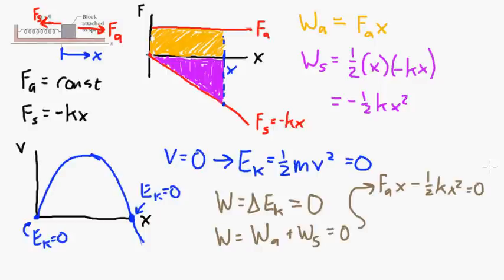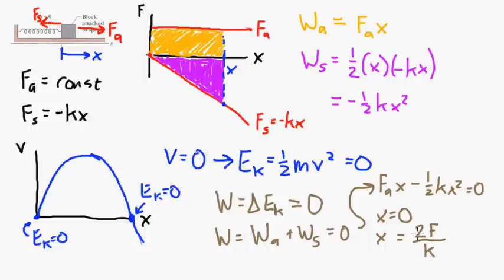And the solution to that, well, one solution is x equals 0, and another solution is x equals, let's see, I want to make sure I get this right, 2F over k. Is that right? I think that's right. Yes, that's right.